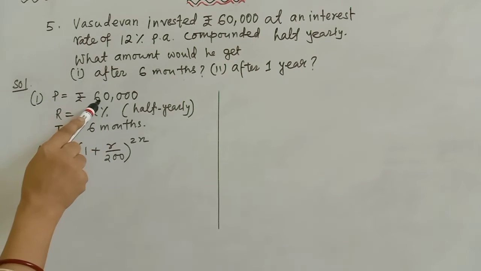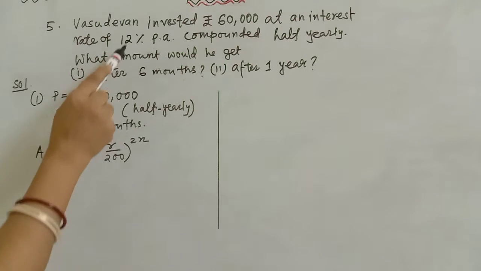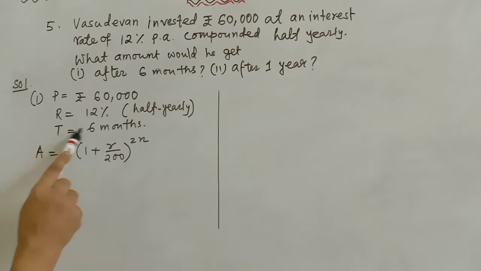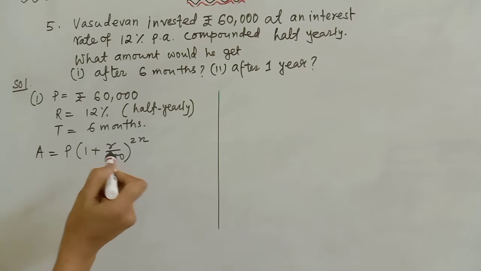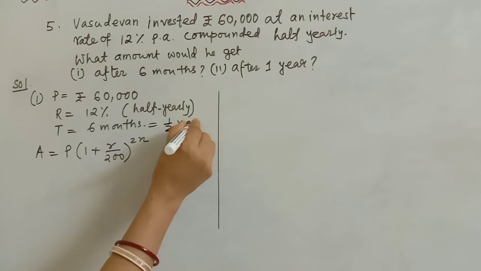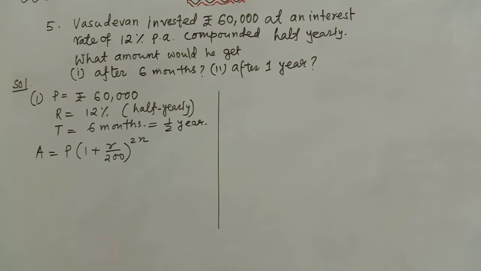Now principal rupees 60,000, rate 12%. Half yearly, you have to mention it also. Time 6 months. 6 months means you can write half year also, 1/2 year. Understood? Now first of all you have to write the formula.